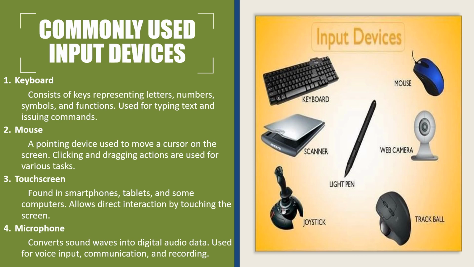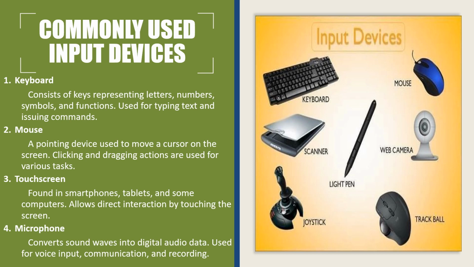Keyboard. You can see in the picture that the keyboard consists of different keys. Some are alphabetical keys, numbers are also here, and some function keys and symbolic keys for mathematical equations and solutions.